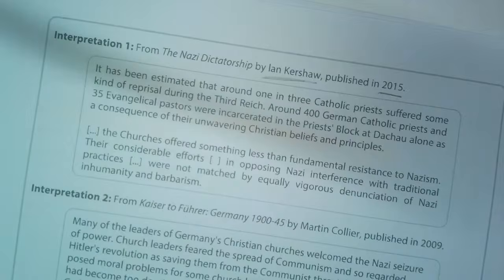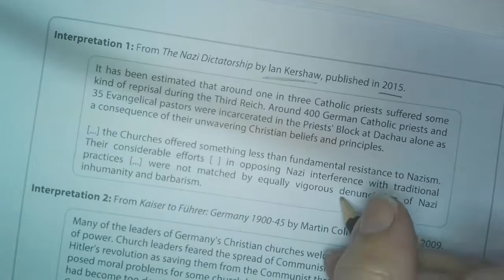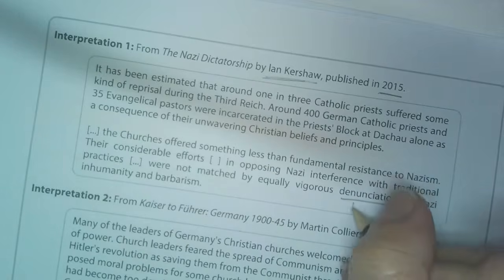Around 400 German priests and 35 evangelical pastors were incarcerated in the priest block at Dachau alone as a consequence of their unwavering Christian beliefs and principles. The churches offered something less than fundamental resistance to Nazism. Their considerable efforts in opposing Nazi interference with traditional practices were not matched by equally vigorous denunciation of Nazi inhumanity and barbarism. So denunciation just means like loud disagreement.